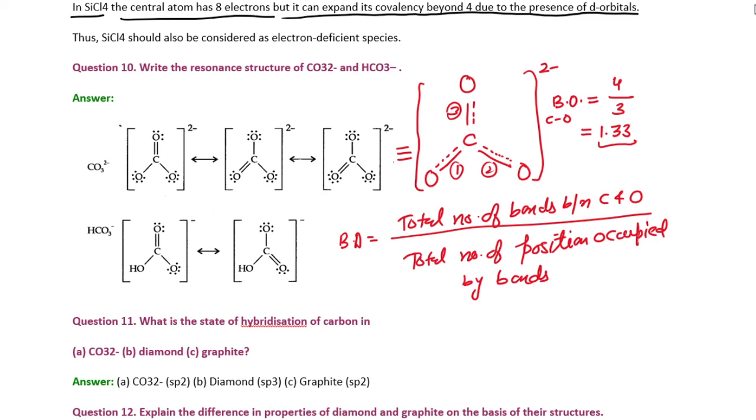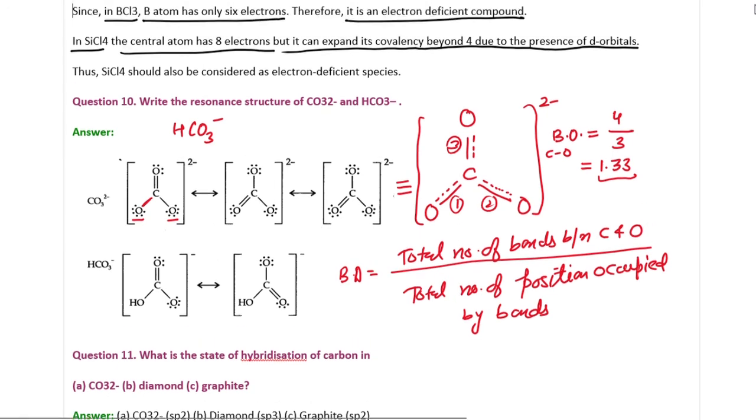So in HCO3 1 negative, in this case, obviously there is one double bond, and out of two oxygens which are singly bonded, one is attached to H plus. See, you write the structure.